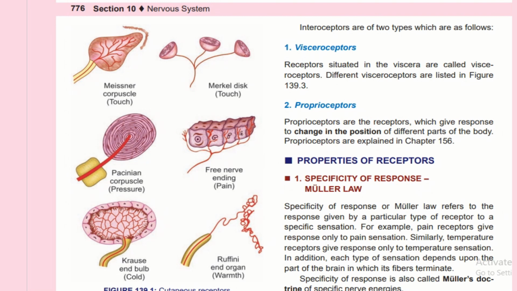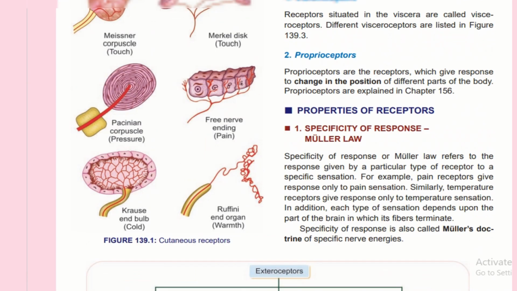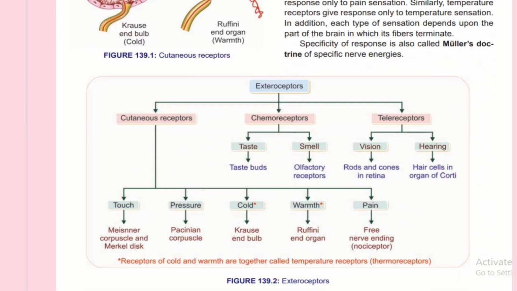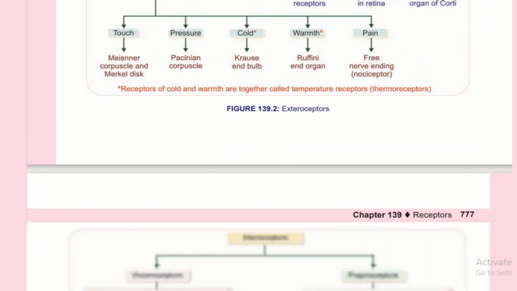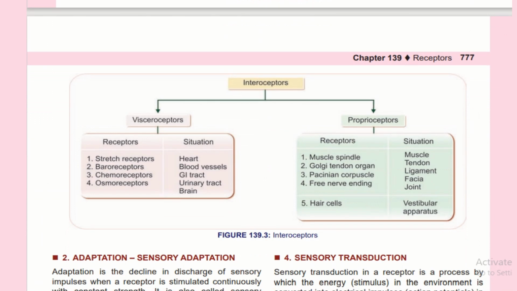Visceroreceptors are situated in viscera. Different visceroreceptors are stretch receptors, baroreceptors, chemoreceptors, or osmoreceptors, which are situated in heart, blood vessels, GIT, urinary tract, and brain.